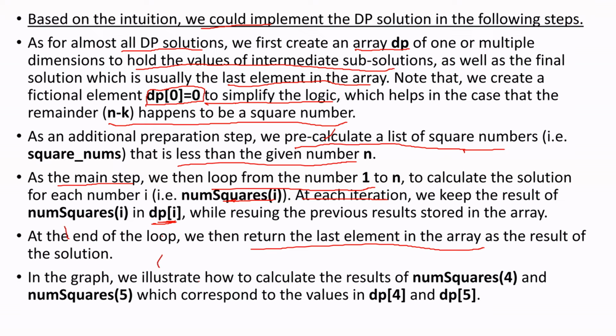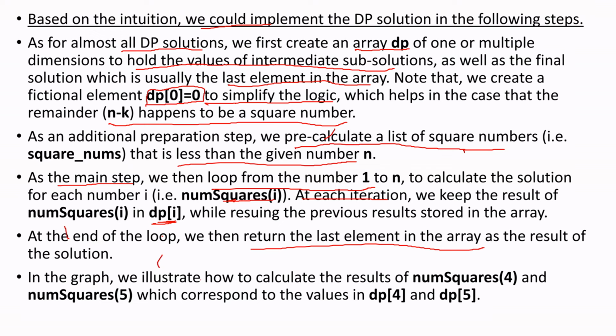And in that case the remainder n minus k happens to be a square number. As an additional preparation step, we pre-calculate a list of square numbers that we can take as square numbers, right? And which is less than the given number, right? So as a main step, first we have to loop 1 to n, right? Whatever the number we will take, in our example we are taking 12, so we will start with 1 to 12.